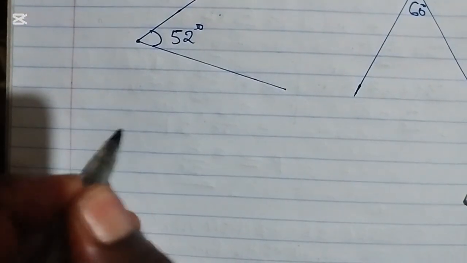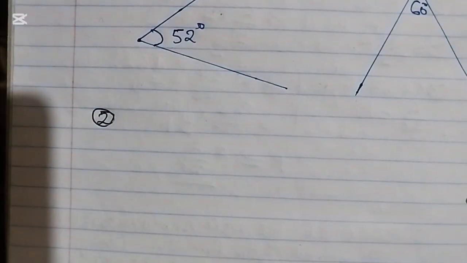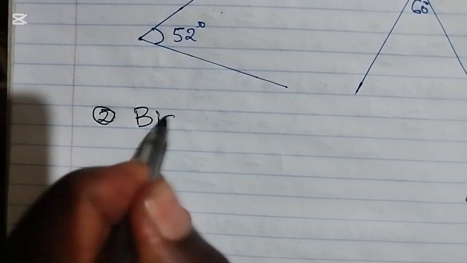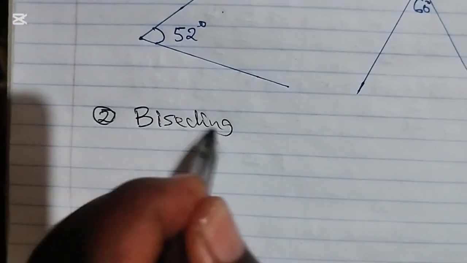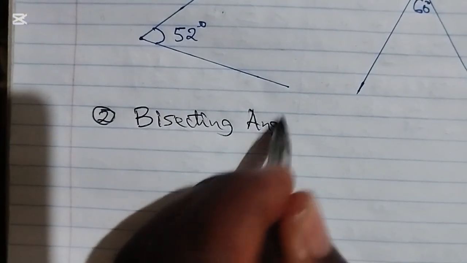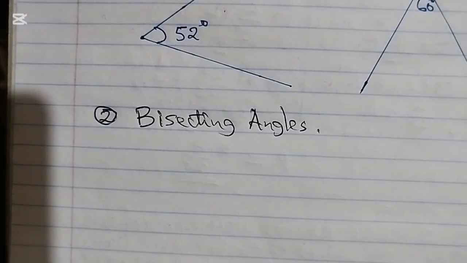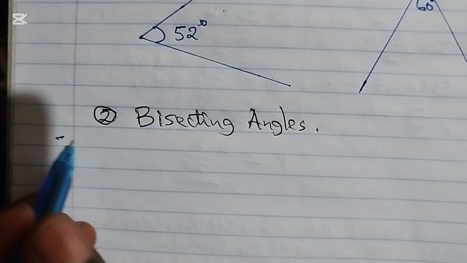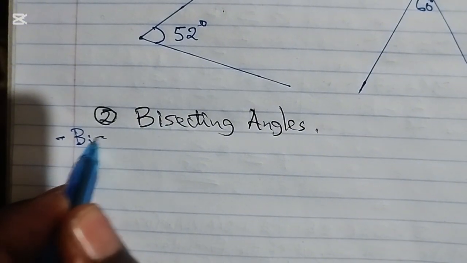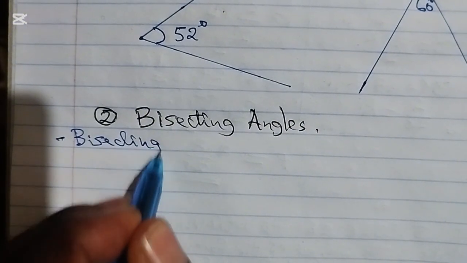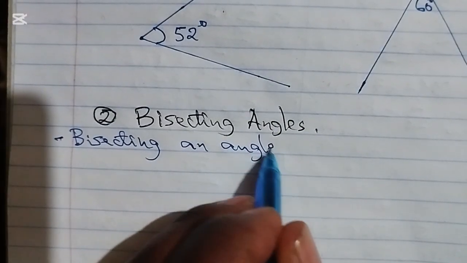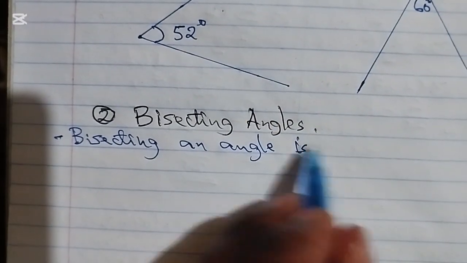I want to look now at the second item of our discussion, which is called bisecting angles. It's good you get to know what is meant by the term bisecting angles.